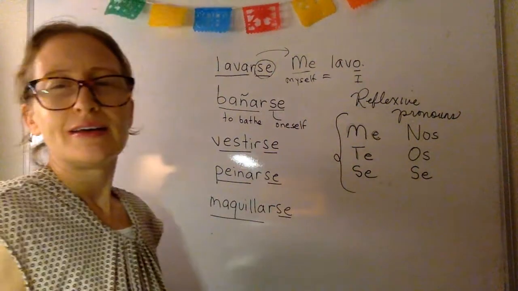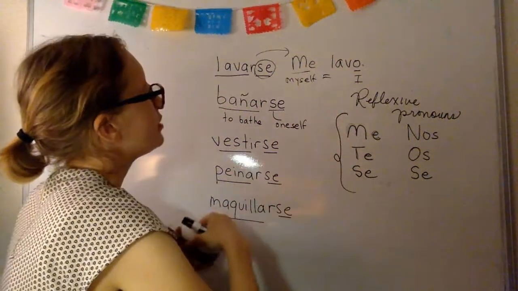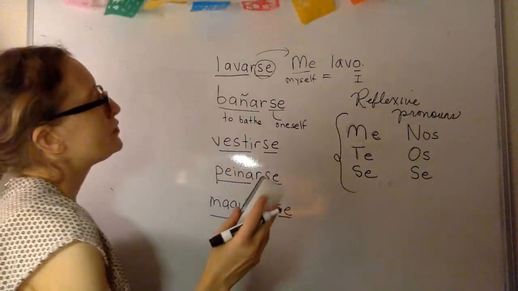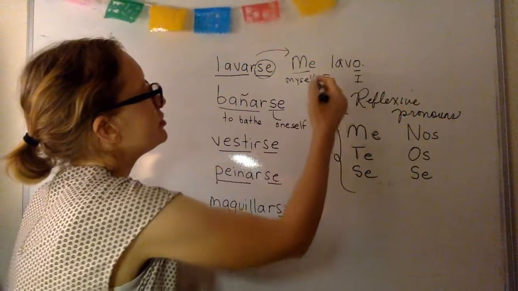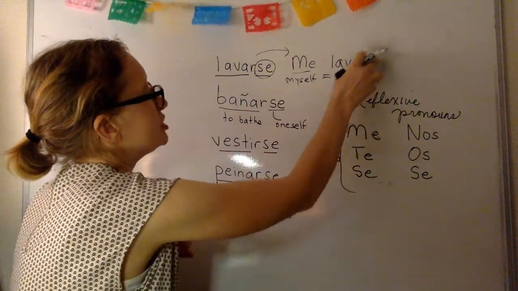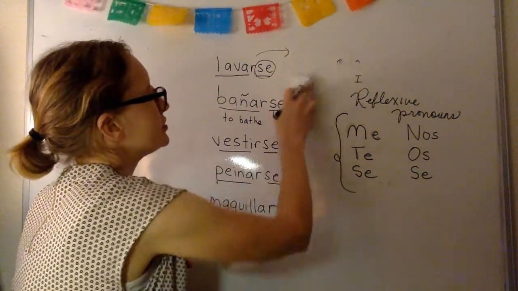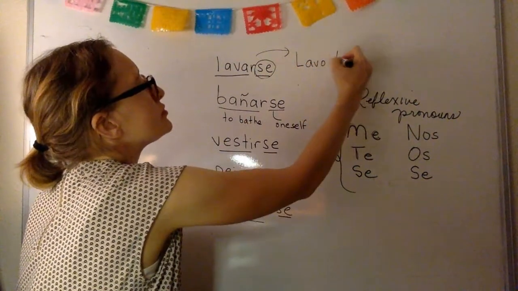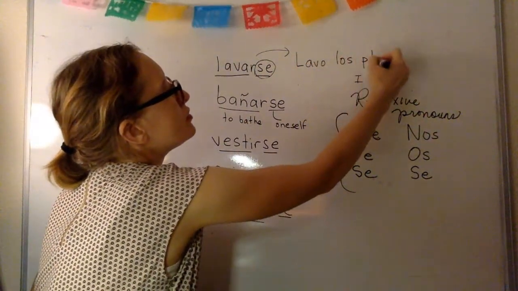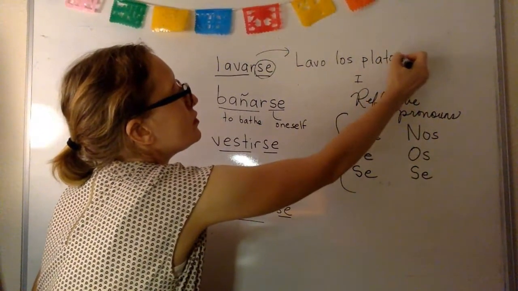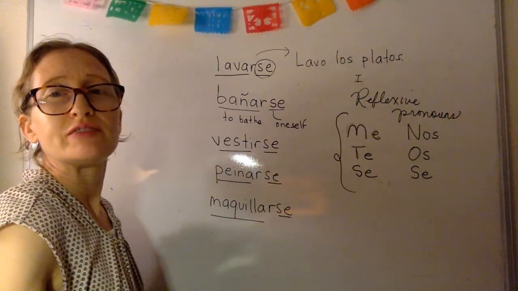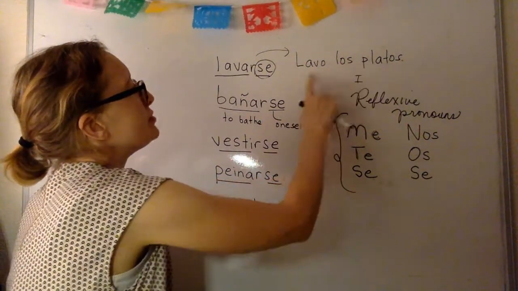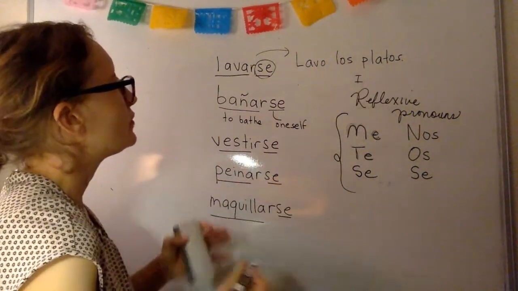But if you're washing someone else or something else, then it's no longer a reflexive verb. So let's say that you're washing the dishes. I wash the dishes. Lavo los platos. So no reflexive is needed. I wash the plates. This is third person plural. This is first person singular. So no reflexive.